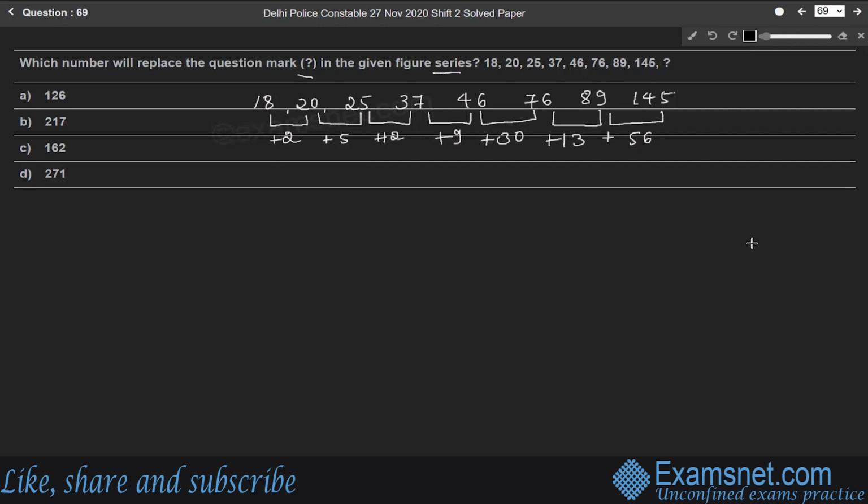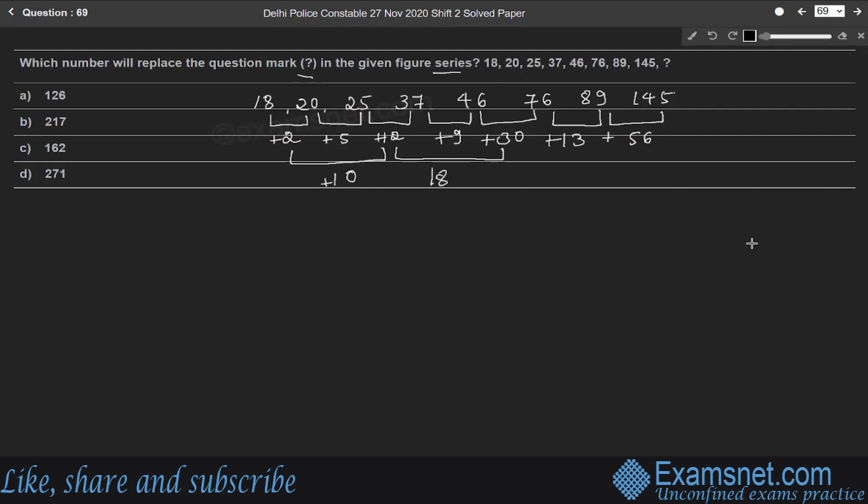So let us find the difference of these differences. So what is the difference? Difference between the first difference and the third difference, 2 and 12. So the difference is 10, right? Then the difference between 12 and 30 is 18.